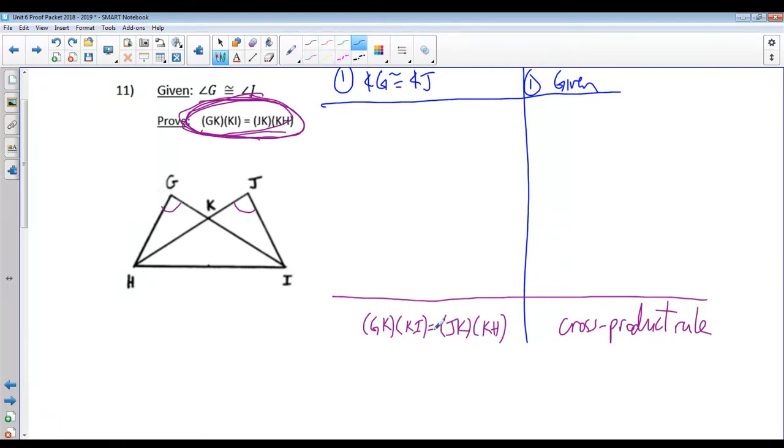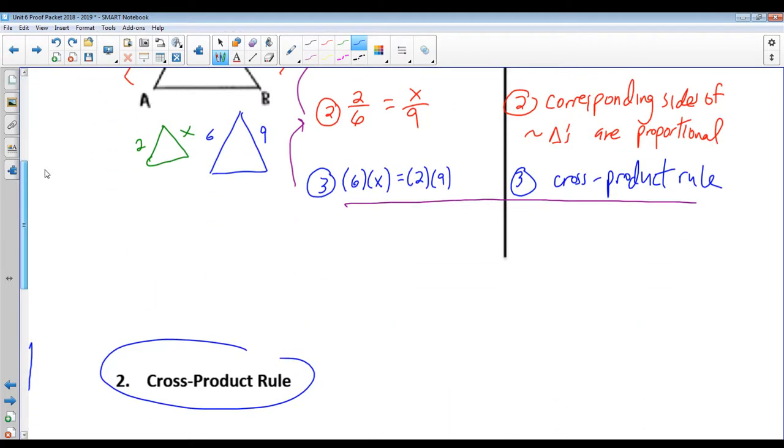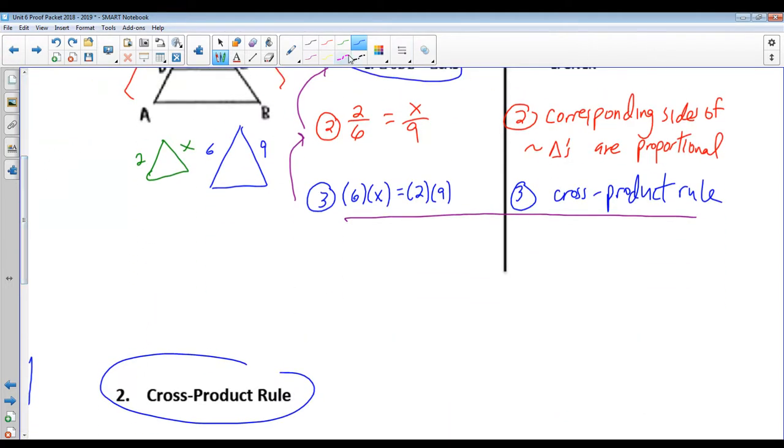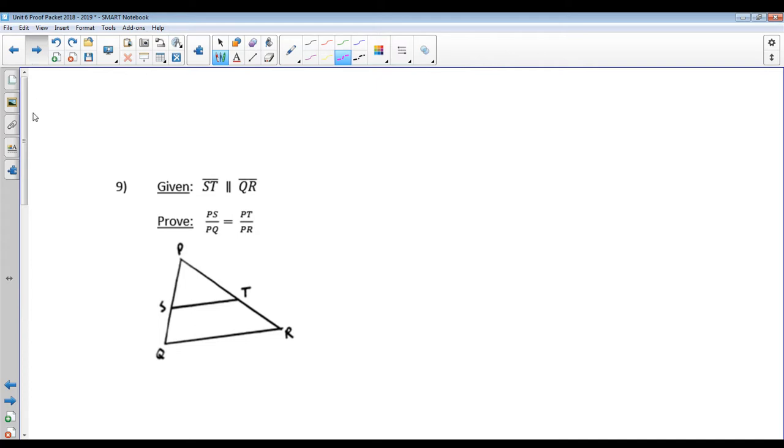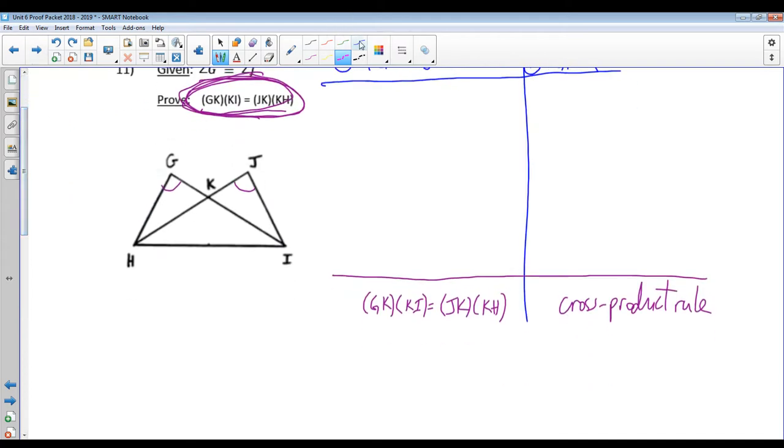Now, in order to use this cross product, just like I showed you here, we first have to set up our proportions. So here's where we can be a little clever about this. We can find a loophole in the system. I know what my proportion is going to be, right? If I'm doing GK times KI, I know those have to be across from each other.